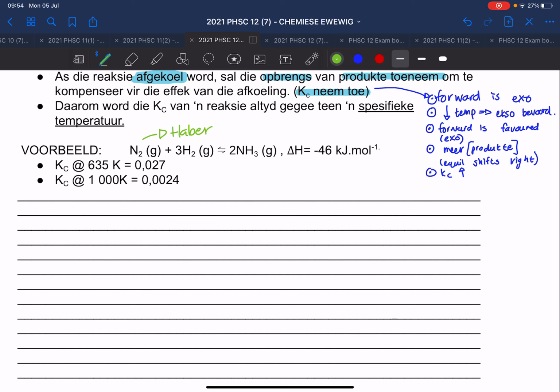It's one of the processes that you should know, but luckily this chapter was removed from your syllabus for this year. But I think they'll still expect you to know the name, the Haber process. Okay, and the Haber process is exothermic, the forward one. So dit sê vir jou, die voorwaartse reaksie is exothermies.